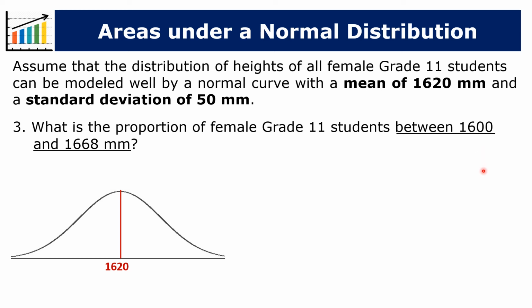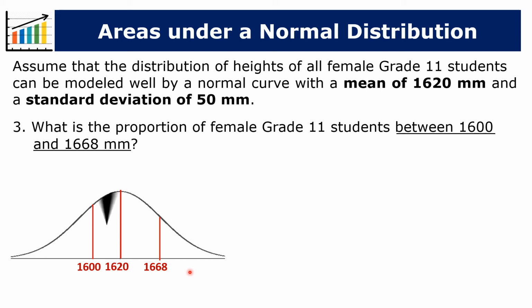Now, since in question number 3, we have two values here, 1,600 and 1,668, where can we find 1,600? Of course, it is located at the left side of the mean, which is 1,620. So ito yung 1,600. And how about 1,668? It is located at the right side of the mean, 1,620. So, ito siya. Now, we are looking for the area between 1,600 to 1,668.